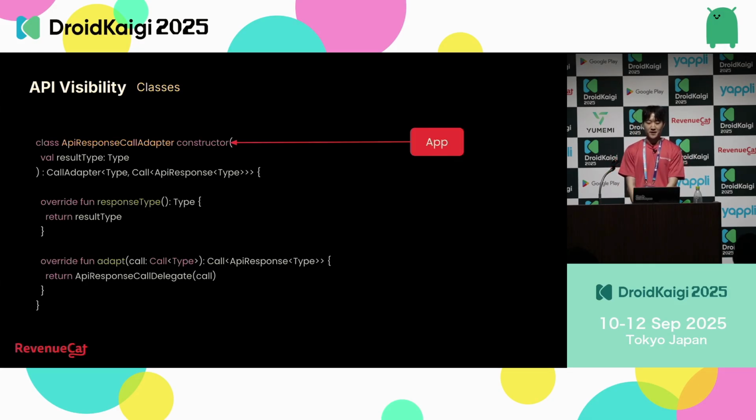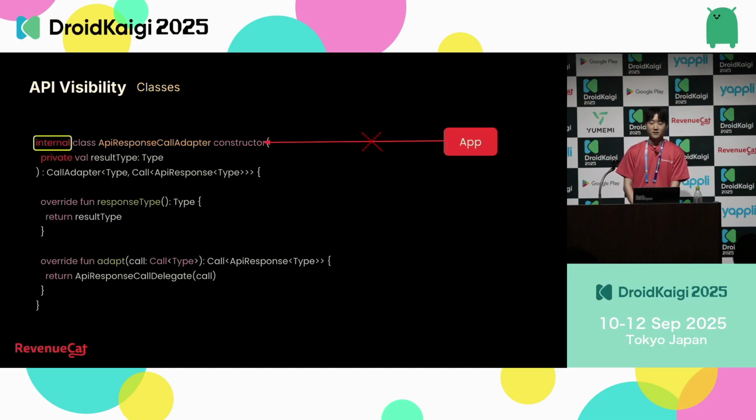But if you don't specify any visibility modifiers, users can still access the class, and then someone might misuse the APIs. Such classes that don't need to be exposed to the outside should be marked with internal or private visibility modifiers. So you can prevent potential API misuse from the user side.